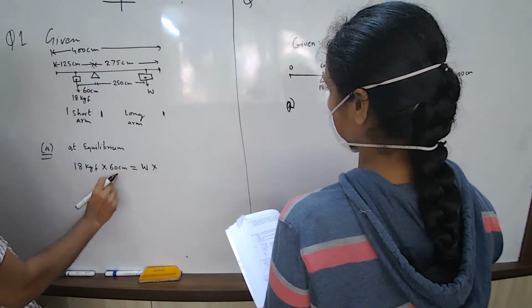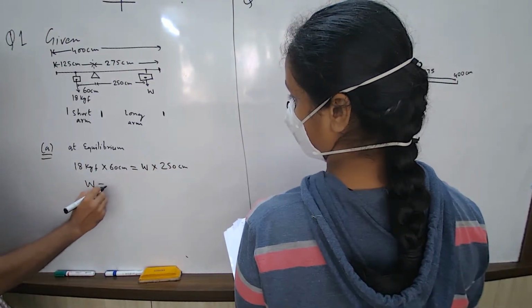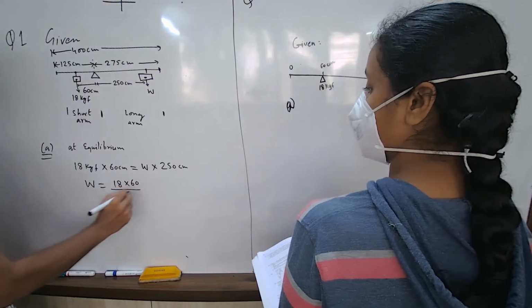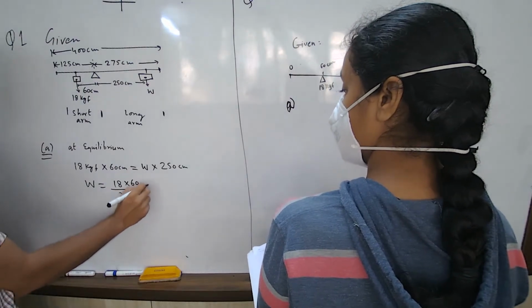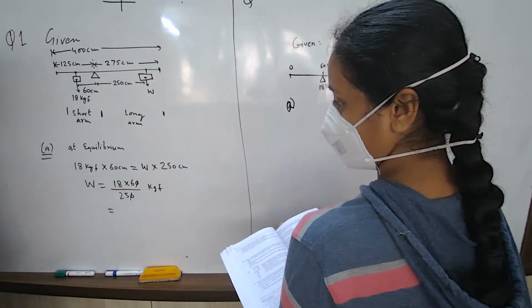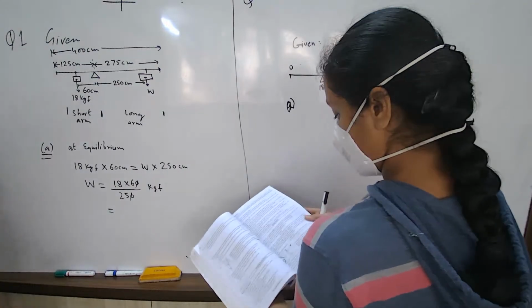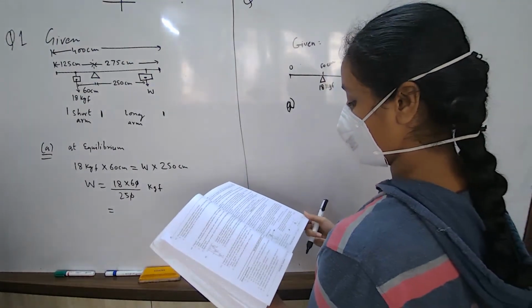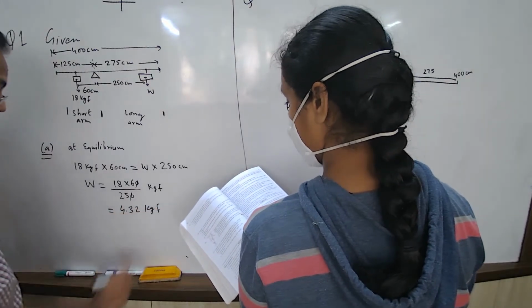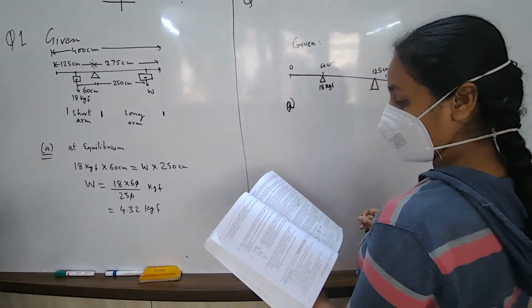And this is 250 centimeter. So you have to find W. Therefore, W is equal to 18 into 60 upon 250. So centimeter cancelled. खाली kg है बचे. How much do we get? 4.32 kg. कितना आ रहा है? 4.32. ठीक है, चलो. Somebody verify. Yes. Okay. So we have done A part, right?